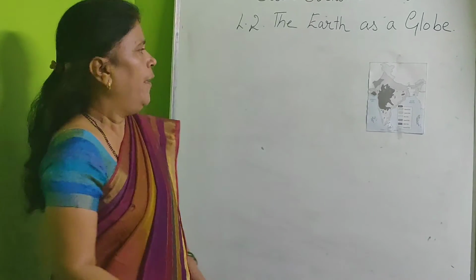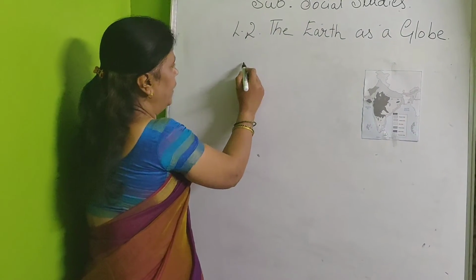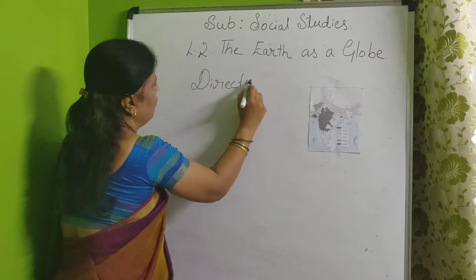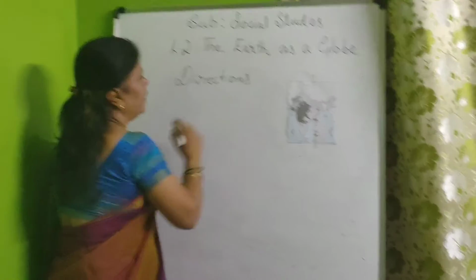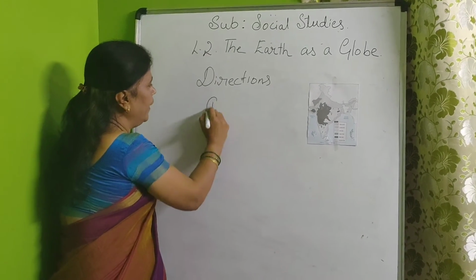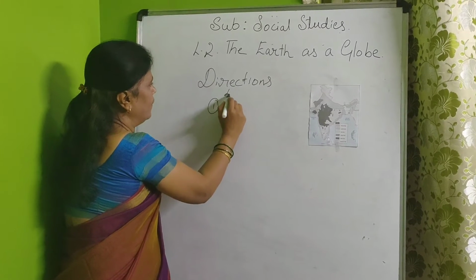Children, now we will see the directions. There are 4 directions. How many directions are there? There are 4 directions.